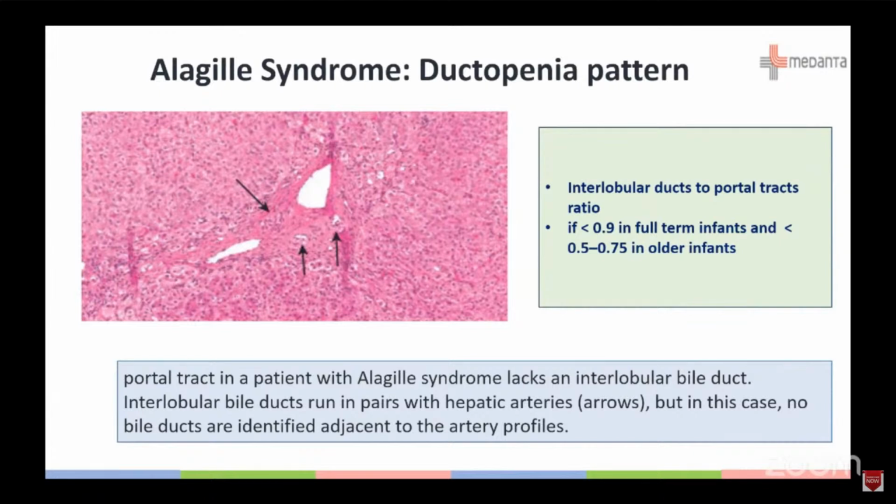Normally, a portal tract contains the hepatic artery, portal vein, and bile duct. But in Alagille syndrome, the bile duct, which usually resides along the side of the hepatic artery, goes missing, so the interlobular duct to portal tract ratio drops down.